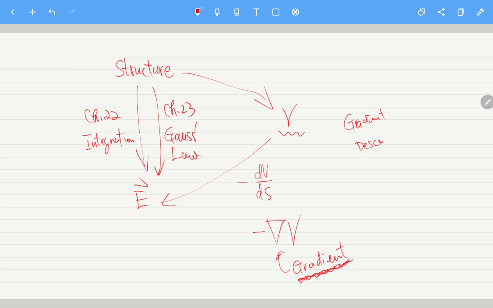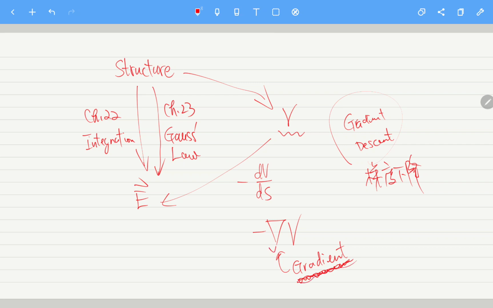If you are interested in AI, you may have heard this term, gradient descent, 中文叫做梯度下降. We use this method to train the neural network, train the AI. Of course, we will not teach it in the course, but just let you know.